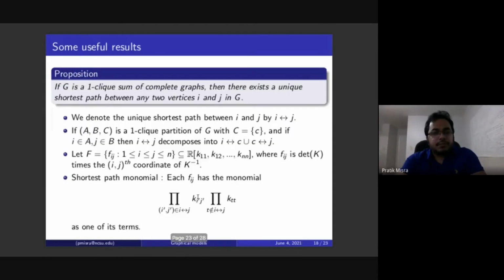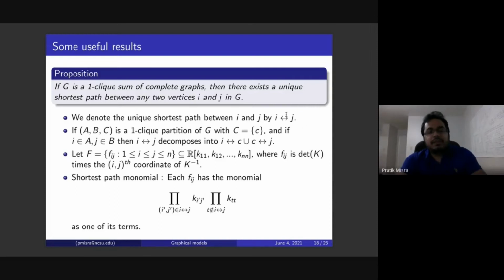So we have some useful results that we used, using the properties of one-click sums. The first result is that if G is a one-click sum of complete graphs, then there exists a unique shortest path between any two vertices I and J in G. We denote this unique shortest path between I and J by this double arrow symbol.